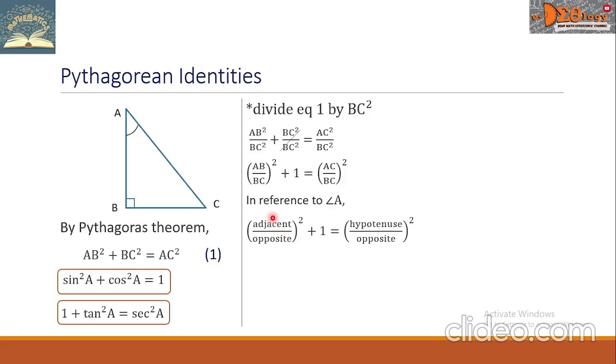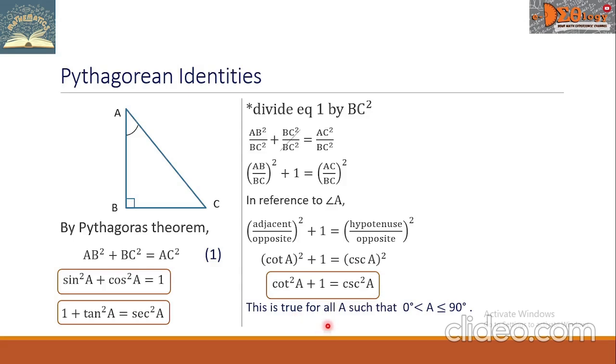Remember that adjacent over opposite is cotangent A, that is squared, then plus 1 equals hypotenuse over opposite, which is cosecant A, that is squared. We can simply rewrite this equation into cotangent square A plus 1 equals cosecant square A. This is the third Pythagorean identity.